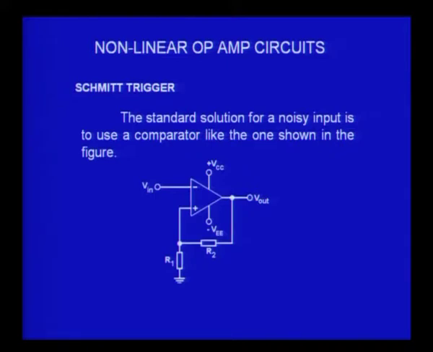Therefore, whenever V in exceeds plus 1.2 or minus 1.2, the output will change state, and the gap between the two transitions will be plus 1.2 to minus 1.2, that means 2.4 volts.